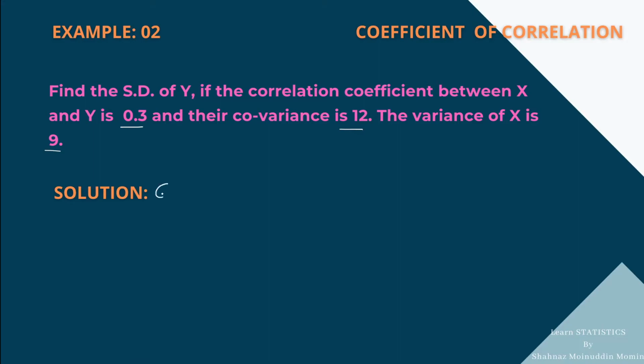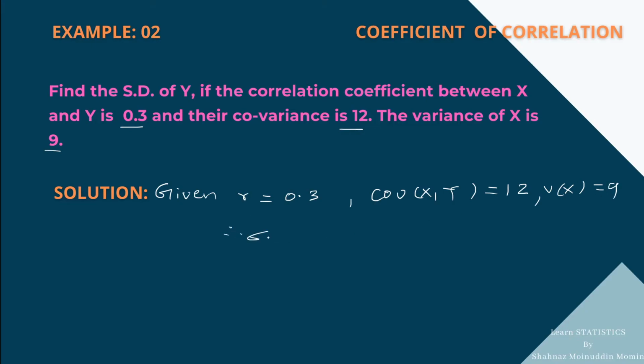Given: here we are given r is equal to 0.3 correlation coefficient. Covariance between x and y is equal to 12. Variance of x is equal to 9.